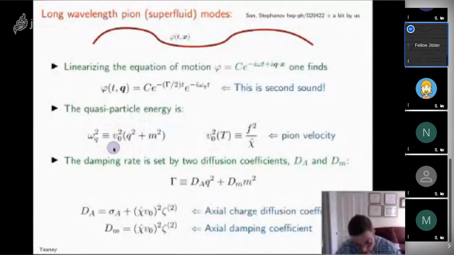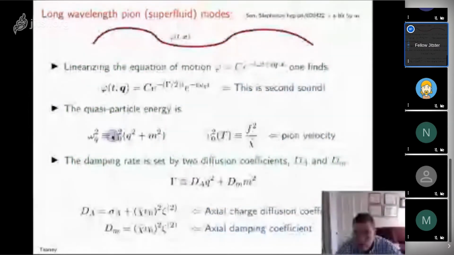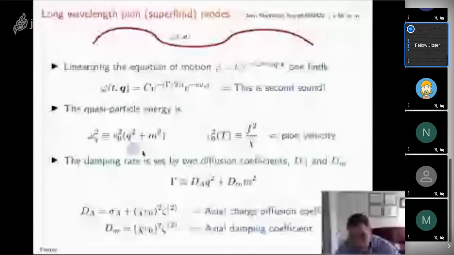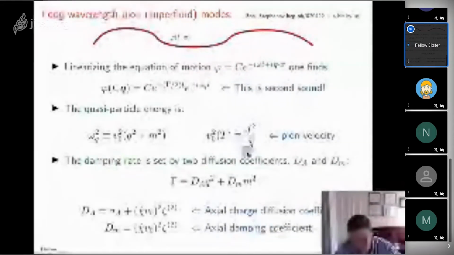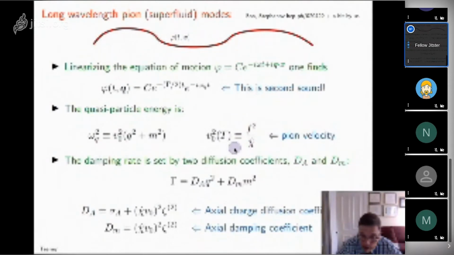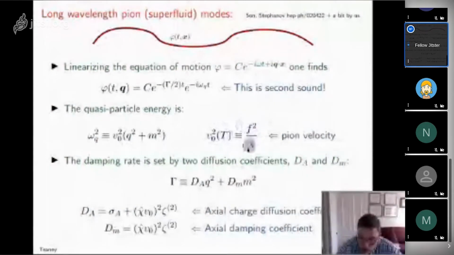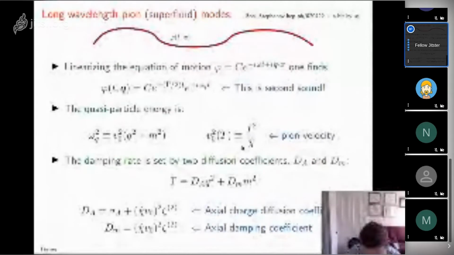It has some v naught squared, the pion velocity, times q squared plus m squared, like a relativistic form similarly. But it's a little bit different because this v naught squared sits out in front, and it's determined by the parameters of the ideal theory. In particular, f squared divided by chi hat, the constant divided by the susceptibility, is the pion velocity. And as I said, we know how these parameters depend on temperature as you go near TC. We'll talk about that a little bit later.